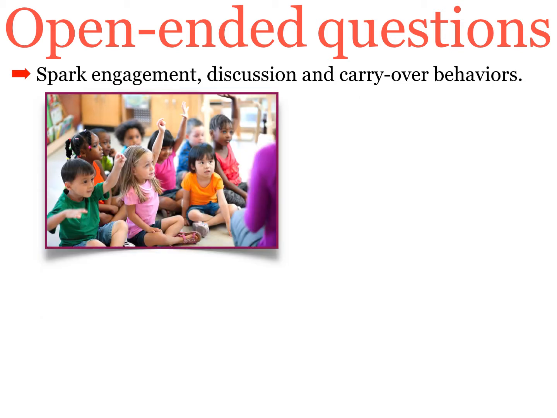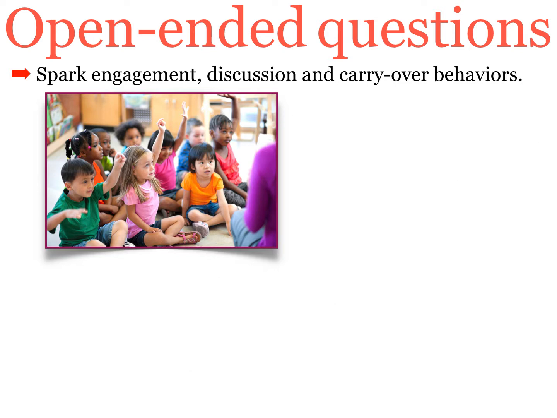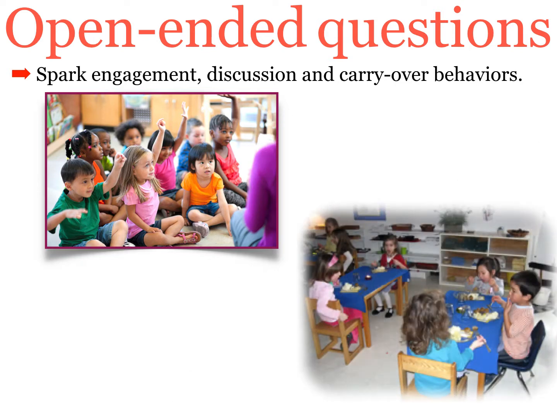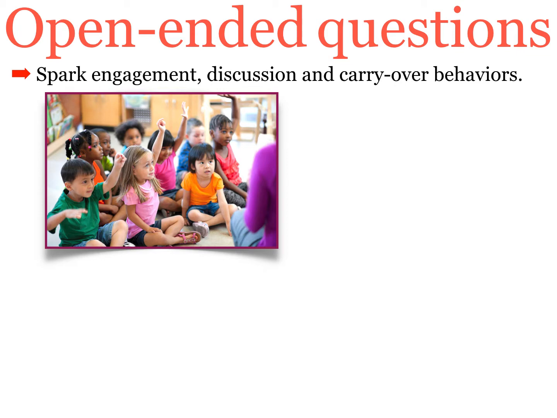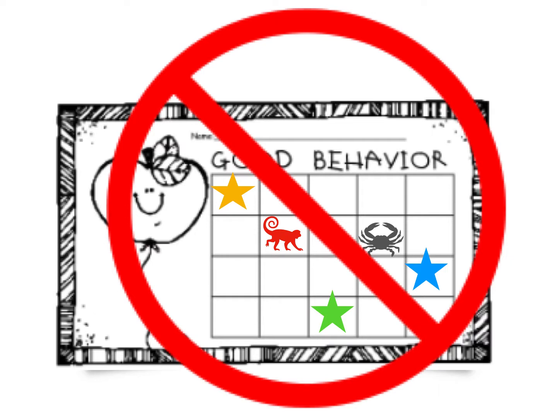For self sufficiently carrying over to the playground, and self sufficiently carrying over to lunchtime, and self sufficiently carrying over into cleanup time, something that incentivizing posters and rewards charts are not capable of helping you to achieve so smoothly and with such genuine student ownership.